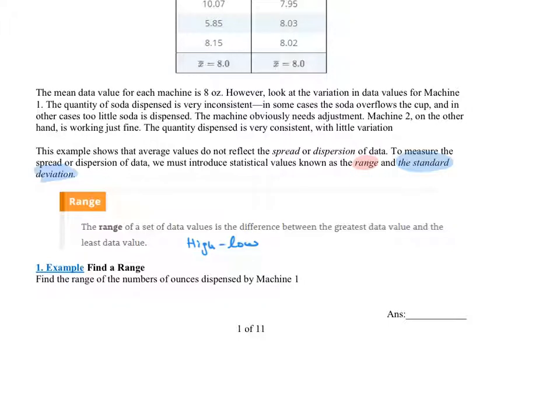So range is one measure of dispersion, but likewise, in the previous section we said mean is a horrible measure if you have outliers. Well, I would say the exact same thing with the range. The range is a horrible measure if you have outliers. So if we had a test score of 0 and every other student scored from 75 to 100, the range would be 100 because it would be the top score minus the low score, so 100 minus 0 is 100.